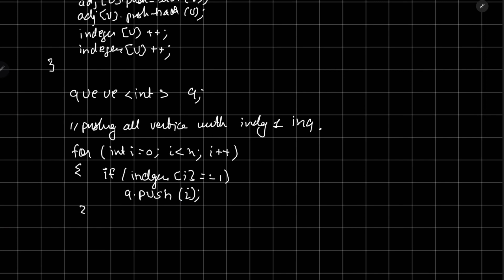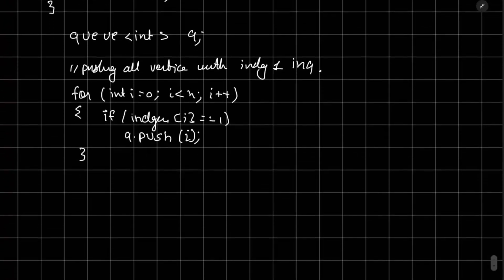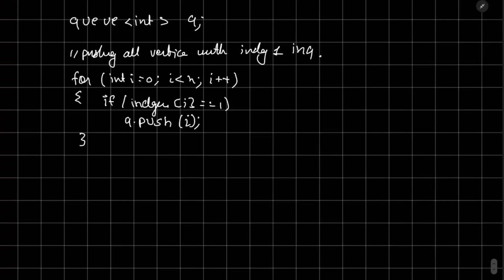So now those vertices will be pushed into the queue, and now we will pop elements from the queue until we have left, or we can say left is a variable that basically means the number of vertices that are left. Okay, so you will understand it.